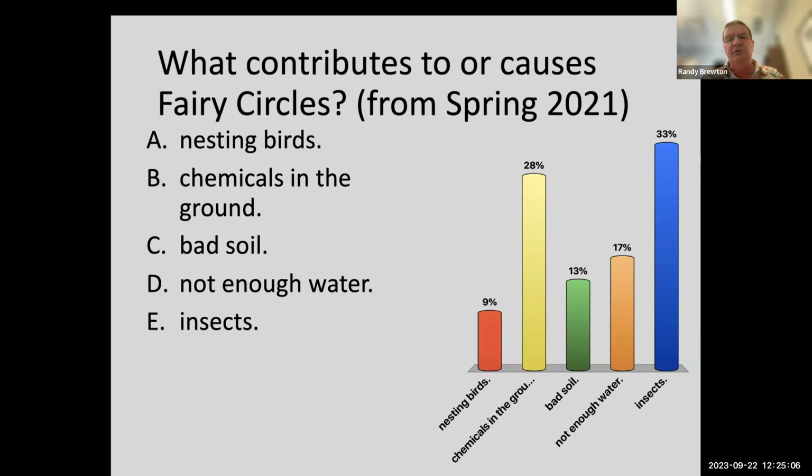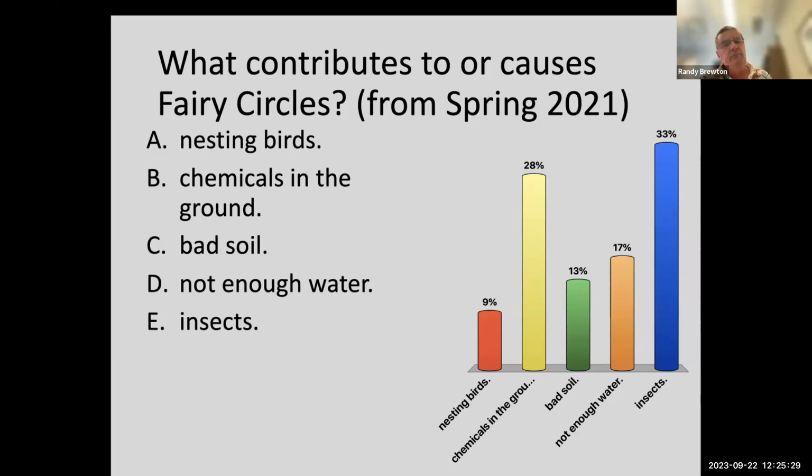And then some of the students actually suggested, could you find the queen and some of the workers and transplant a termite colony to a new place where there's not a fairy circle, and can you form a fairy circle? Because now you have a nest in a new location. So they were actually coming up with some interesting suggestions.